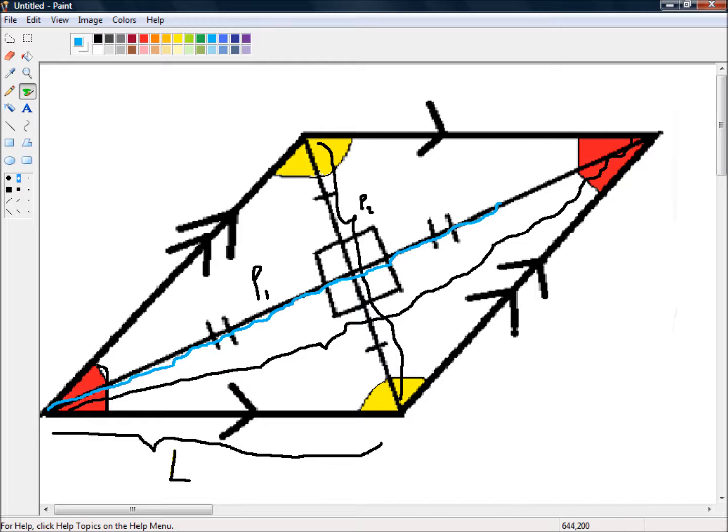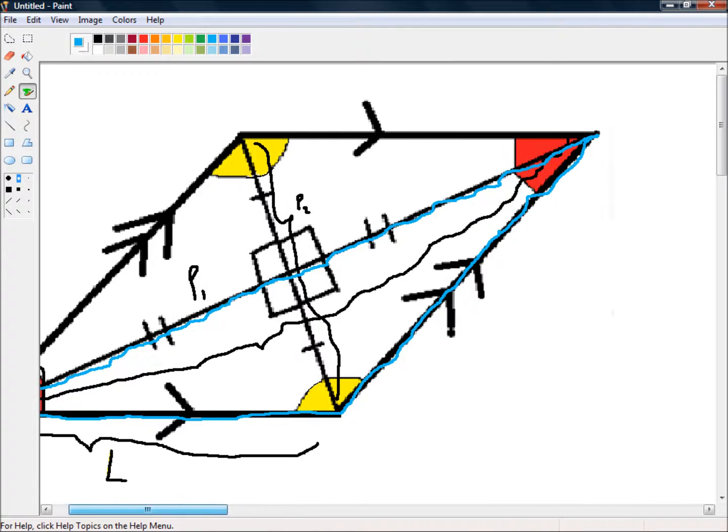I could have used the straight line function, couldn't I? So if we take this, and then we take this length here, and then we take this length here, we've got ourselves a triangle.